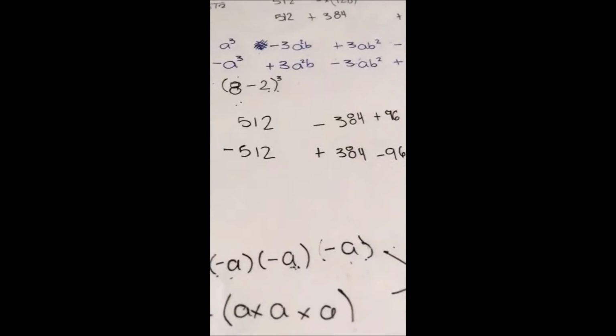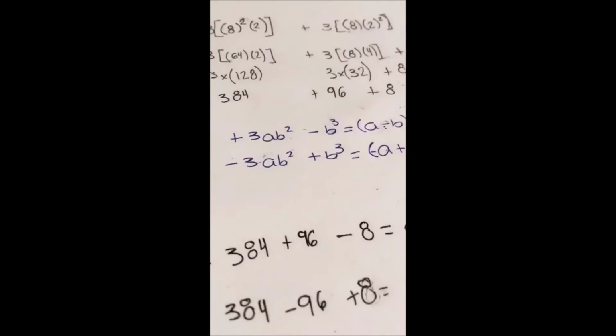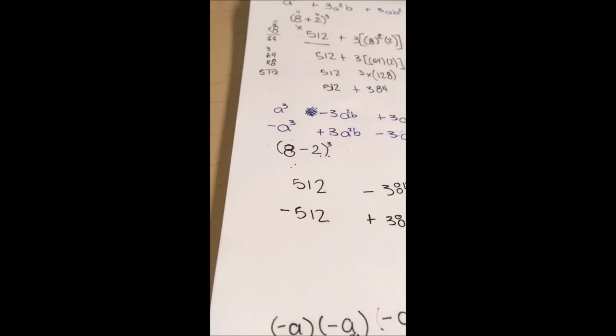What I did here was exactly the same as before, but I put the negative signs with each number it belongs to. What I had was 216 on this part, on the first one, and also 216.